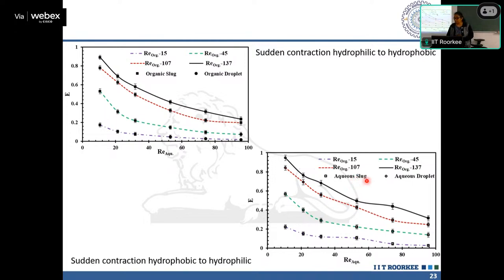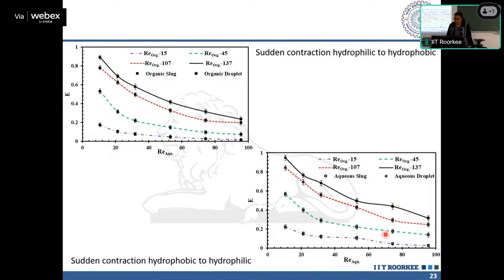So it is the aqueous slug and droplet only for this first one. This is the upstream flow regime. Downstream you can get such kind of encapsulated structures, though they are not very preferred with respect to mass transfer, but obviously they are preferred for some other applications.